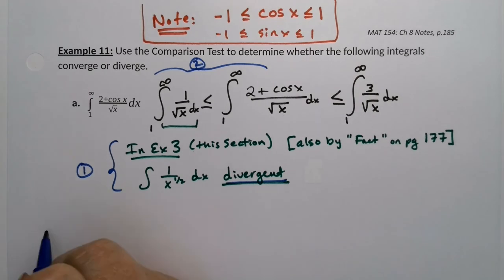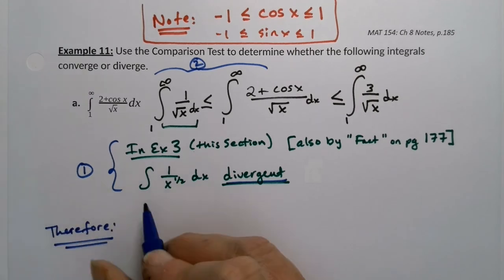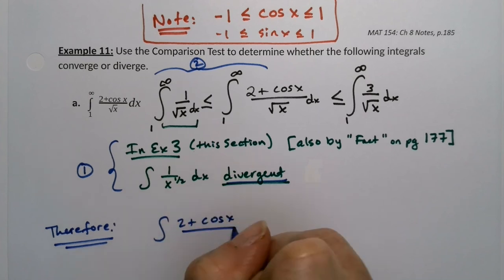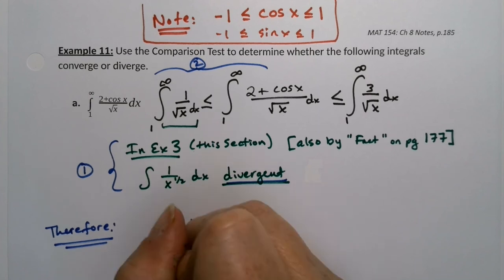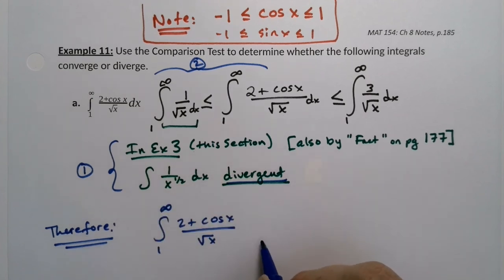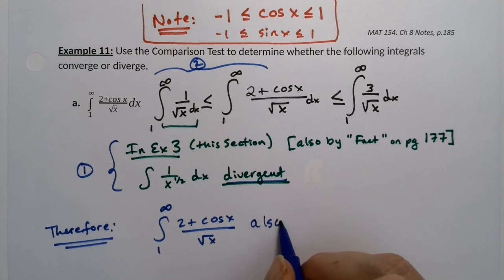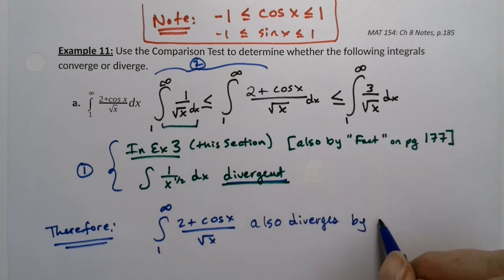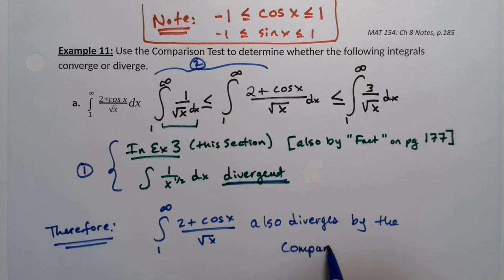So the integral from 1 to infinity diverges also. And there's part 3.